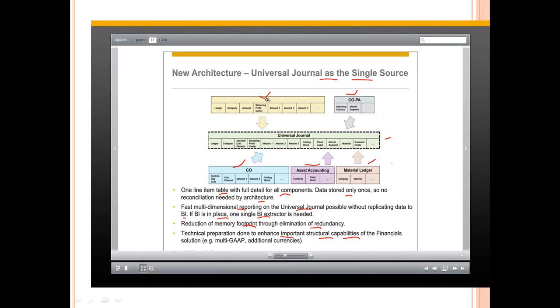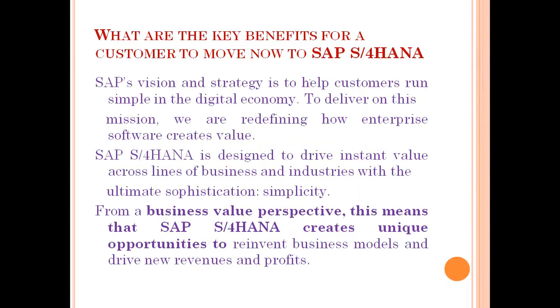And the other thing is this. What are the key benefits for a customer to move to SAP S/4HANA? So what are the key benefits here? SAP's vision and strategy is to help customers run simple in the digital economy. To deliver this mission, we are redefining how enterprise software creates value. If you are using S/4HANA, it should give some value to your business.